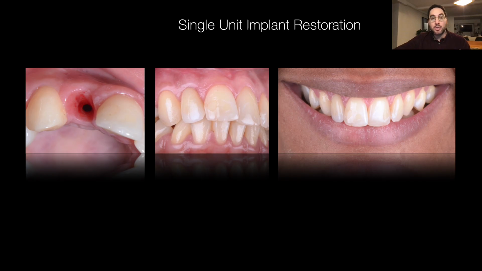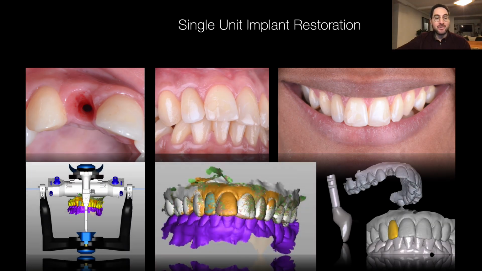This is what we call muco-integration, achieving a perfect harmony between the pink and the white. For long-term success, several key factors need to be in place, and I would like to start by exploring these essential conditions before diving into the digital workflows that made this case possible.